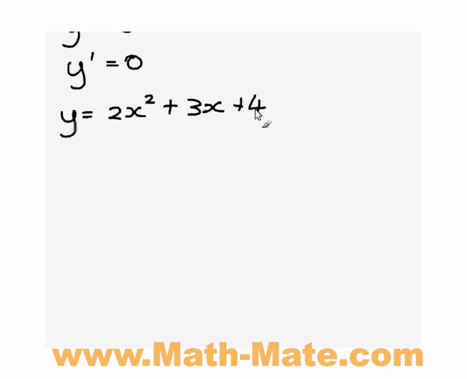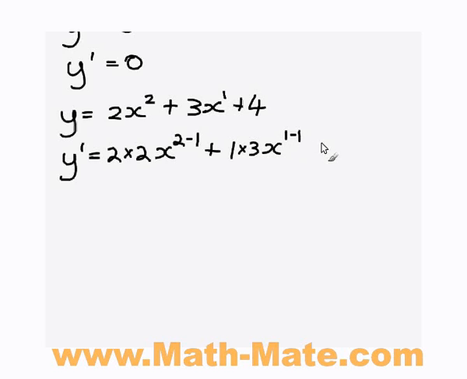What about when you've got more than one term in your equation? So here we've got 2x squared plus 3x plus 4. Now 3x is like 3x to the power 1, so I'm just putting that in there to make it a bit easier. So when we derive this, the 2 goes in front of the other 2, the power of 2 reduces by 1, the 1 goes in front of the 3, and the power of x reduces by 1, and the 4 is a constant, so it just is 0.